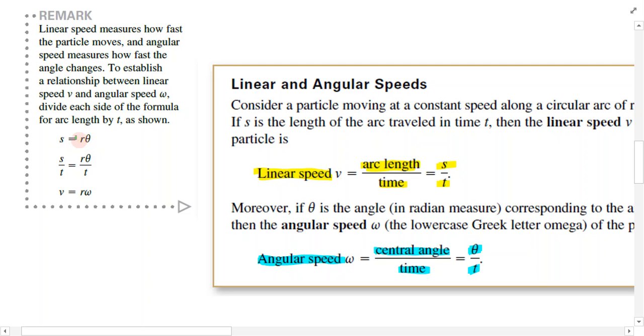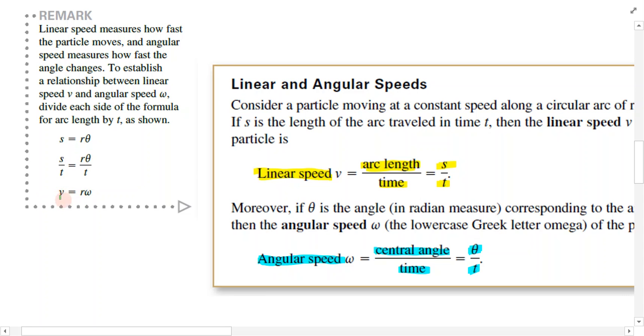We can also say, well, linear speed, which is defined as s over t, if we think about arc length as r theta, then it's r theta over t, because anytime we're thinking about these speeds, linear or angular, it has to be with respect to time. So what we have here is an alternate way to represent the linear speed.